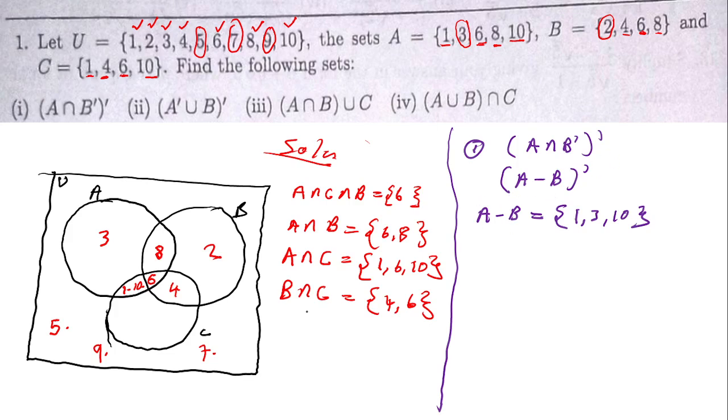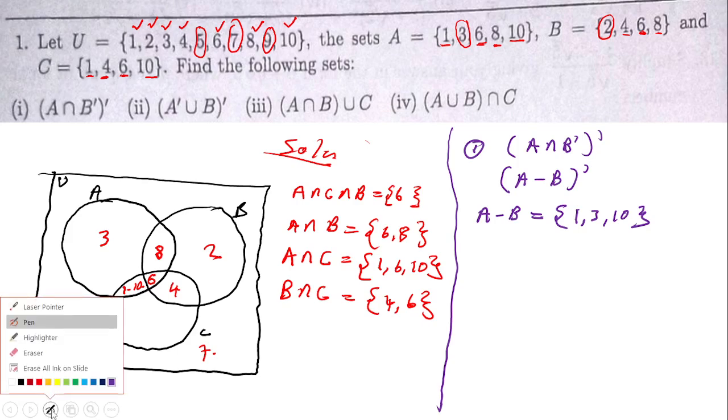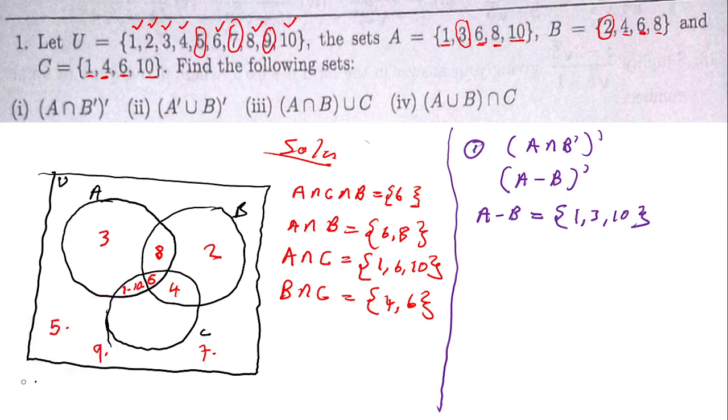So complement simply means the members which are not in A minus B. So in this particular case, the set will simply be equal to, open bracket, we are going to have 2, 4, 5, 6, 7, 8, 9, and then 10 is not going to be a member in this particular case.